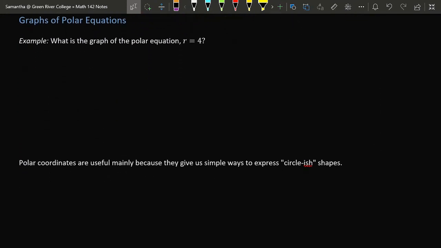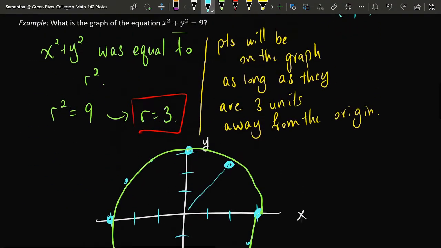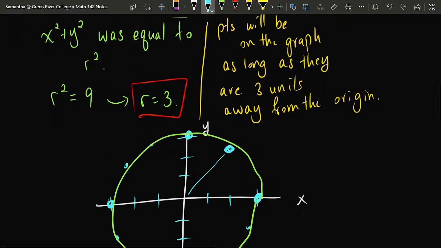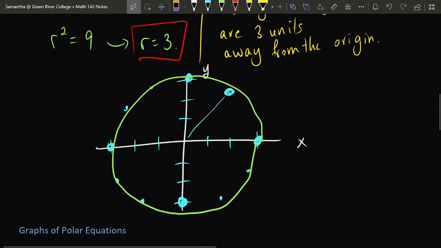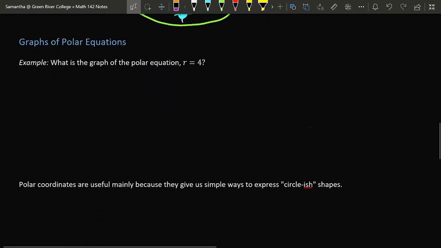For example, we could also consider the equation r equals 4. Using similar reasoning to what we used in the previous exercise, r equals 4 would correspond to a circle of radius 4 units, because in this case we can be 4 units away from the origin in any direction.